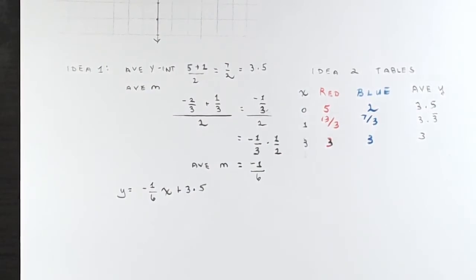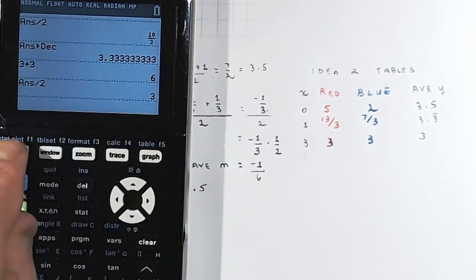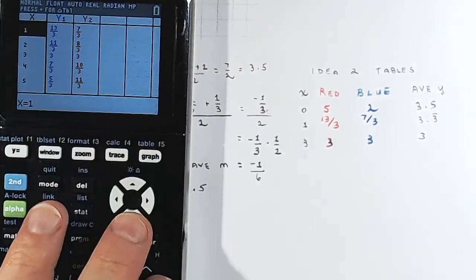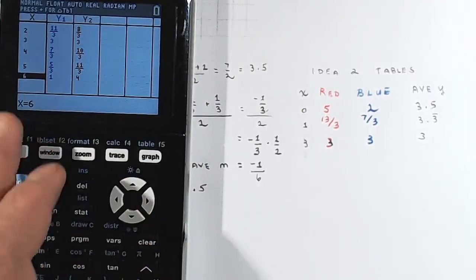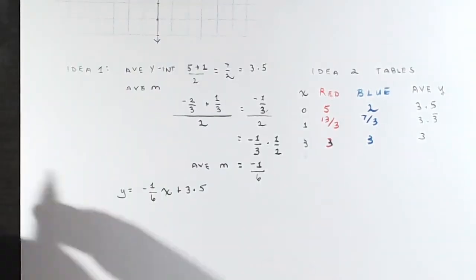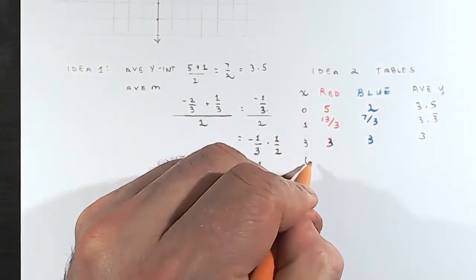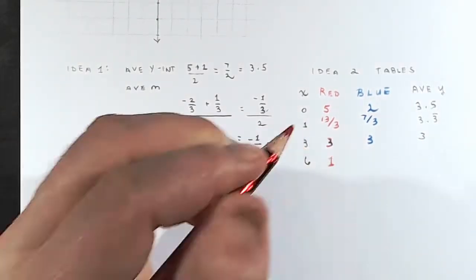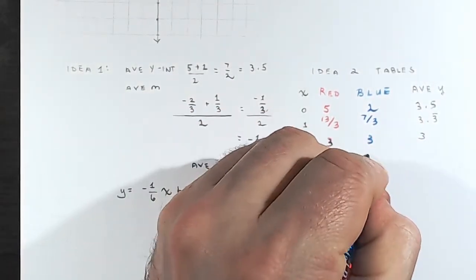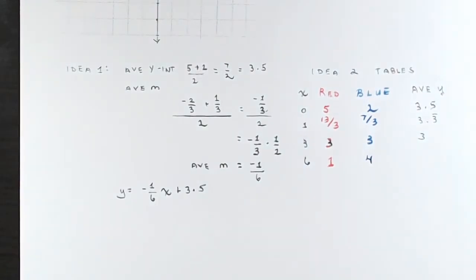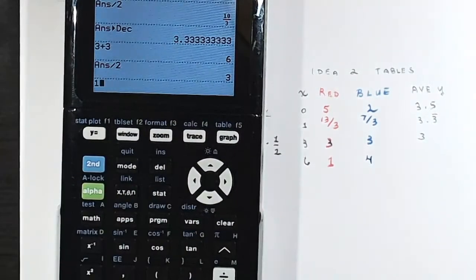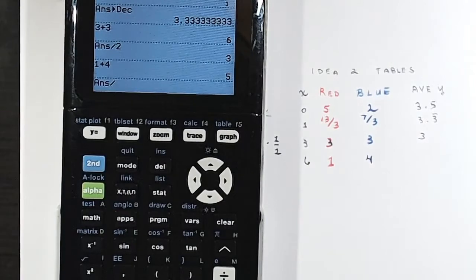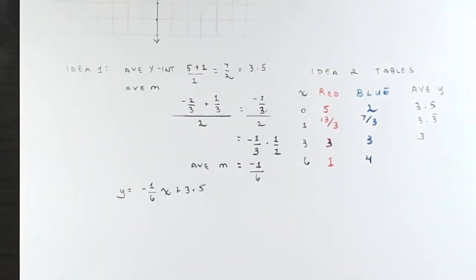Let me find another value that would look good. Here, this 6, when x is 6, my red equation is 1, and my blue equation is 4, and so the average of those numbers, 1 plus 4 divided by 2, is 2.5.